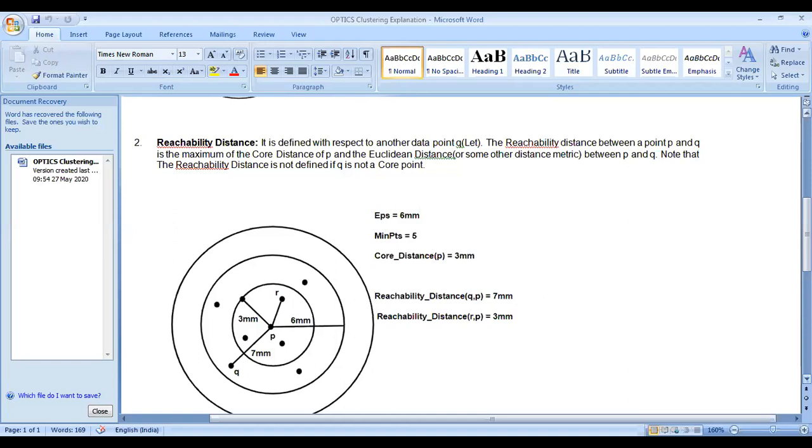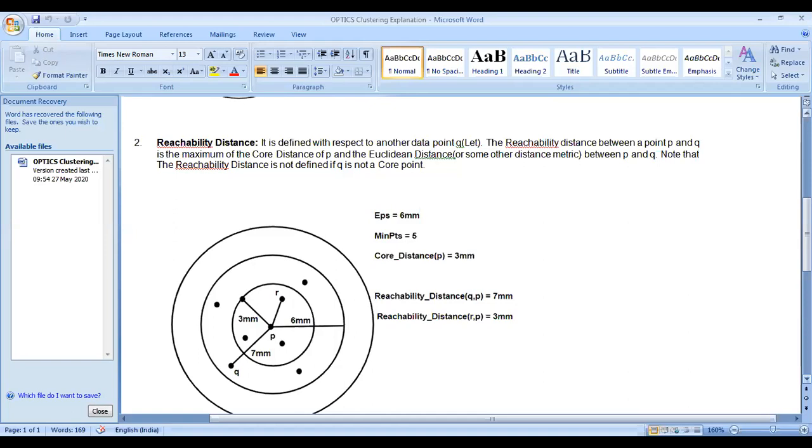Both are core points. Then their distance in between is equal to 7 millimeter. Then the reachability distance between point P and Q would be the maximum of the distance between the two core points and the core distance of the point P. So the core distance of point P is equal to 3 millimeter, and the distance between P and Q is equal to 7 millimeters. So the maximum of 3 and 7 is equal to 7 millimeters. So reachability distance between point Q and P would be equal to 7 millimeter.